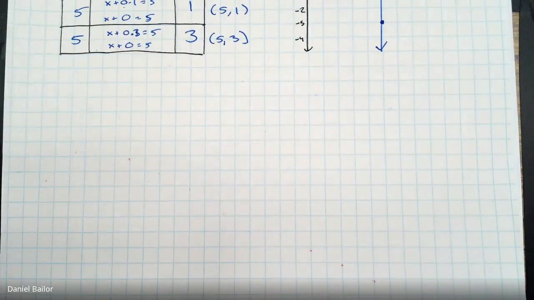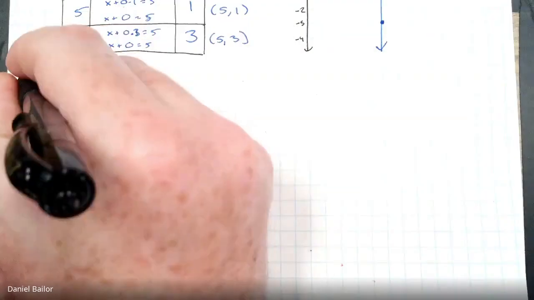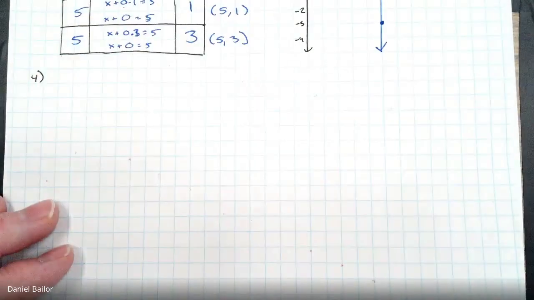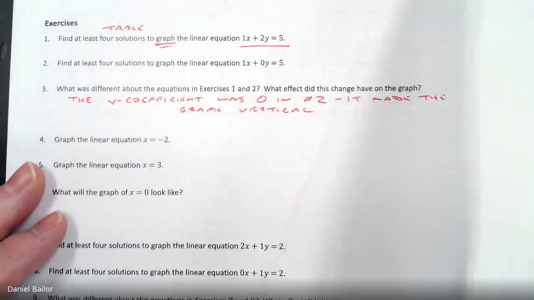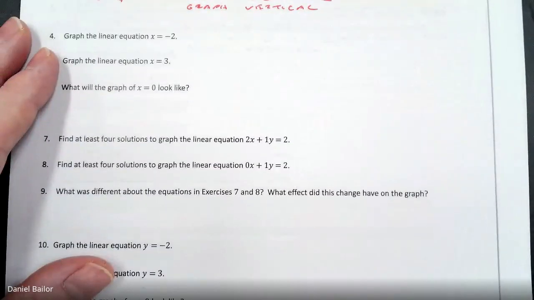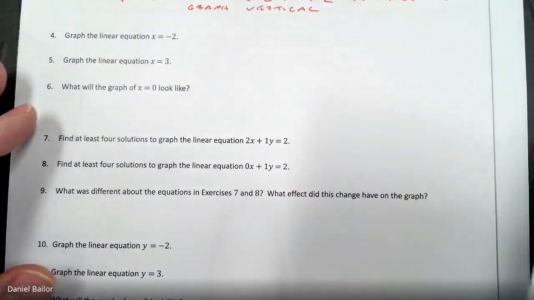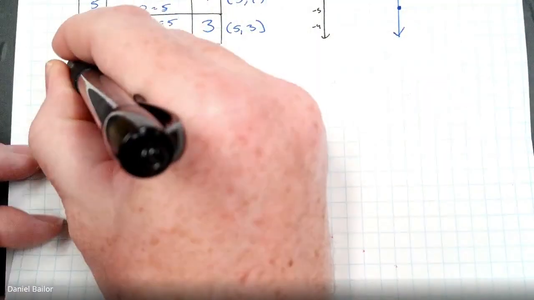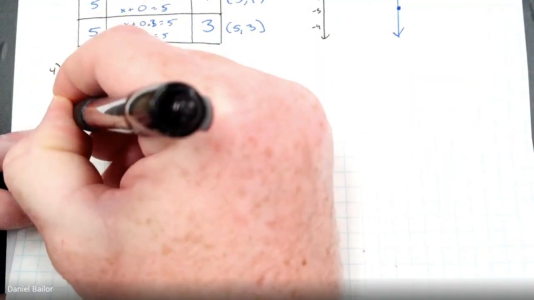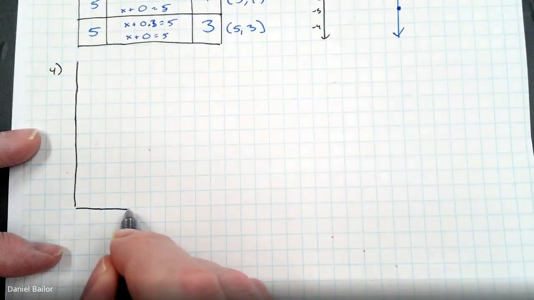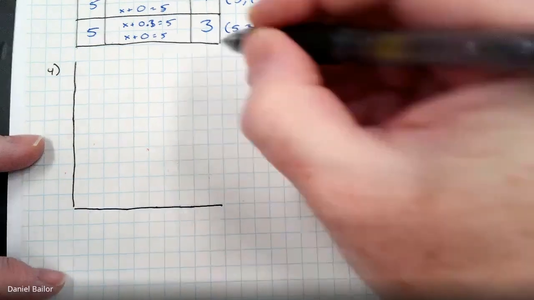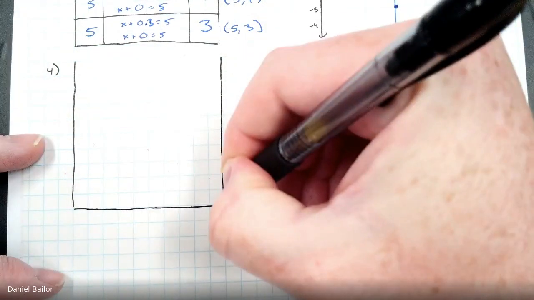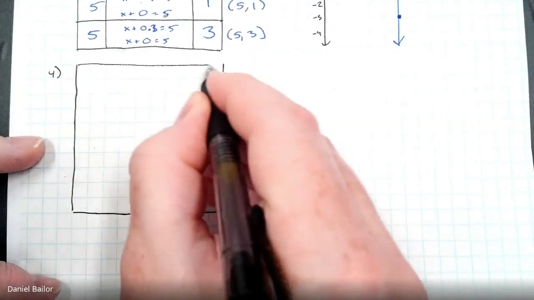Number 4, we want to graph the linear equation x equals -2. So let's build a table again, and we're going to graph x equals -2.